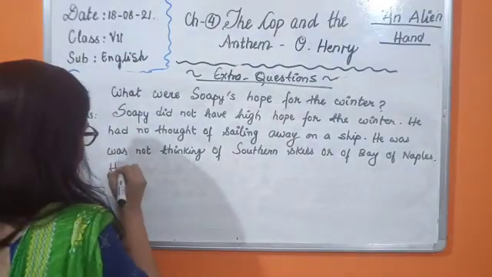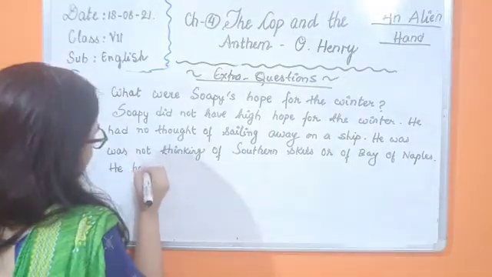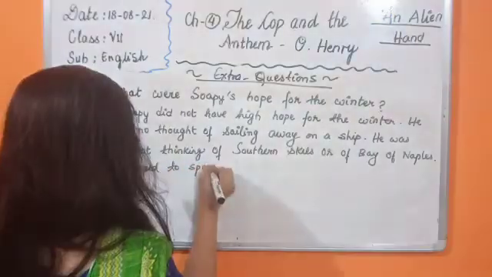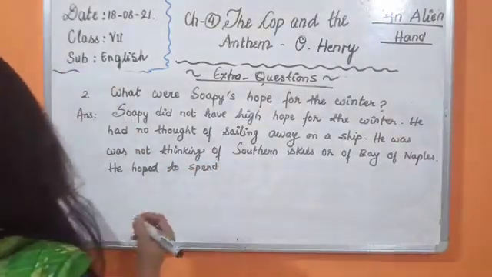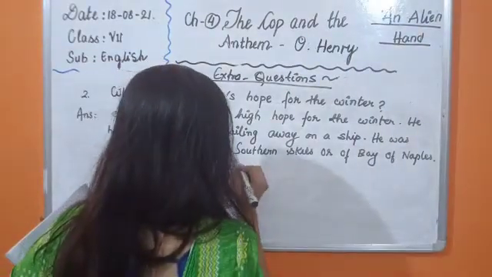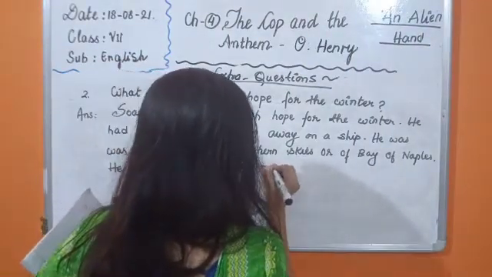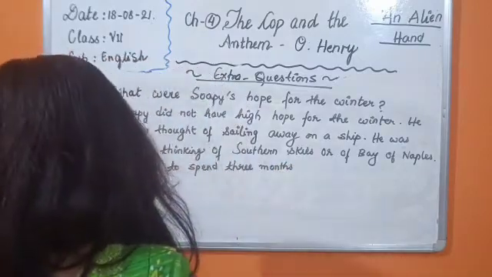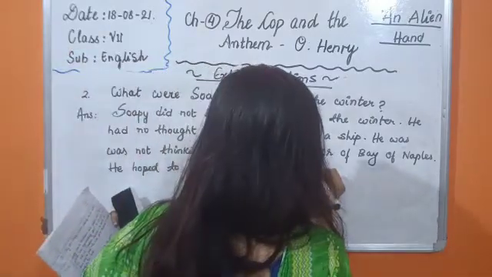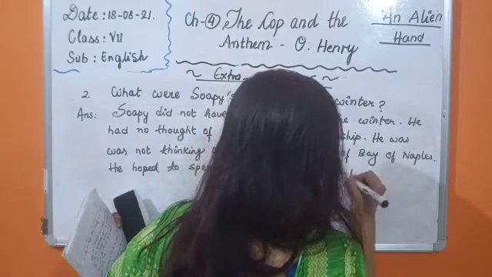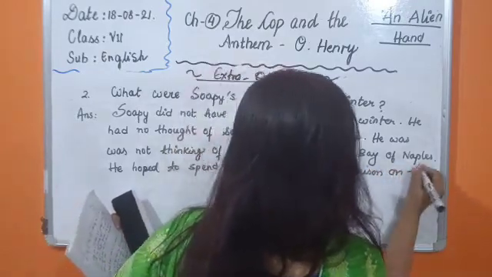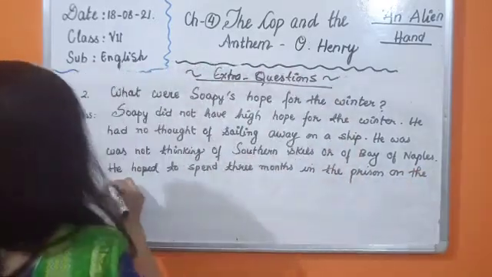He hoped to spend 3 months in the prison on the Blackwell's Island.